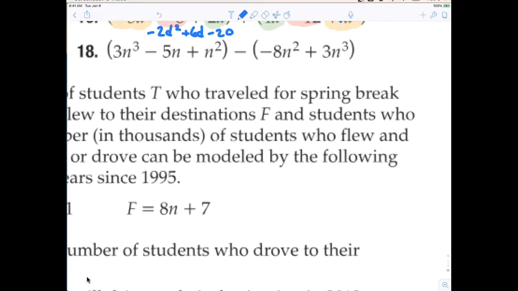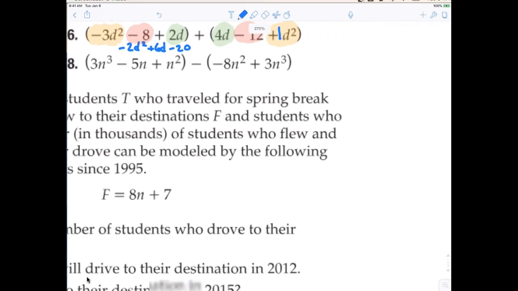All right, now, again, combining like terms. Here's how I would like you to write it on your paper. 3n cubed plus n squared minus 5n. Then what?